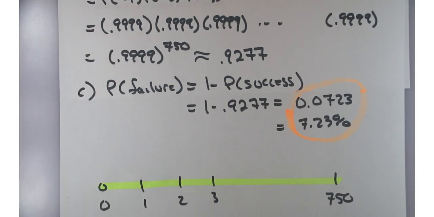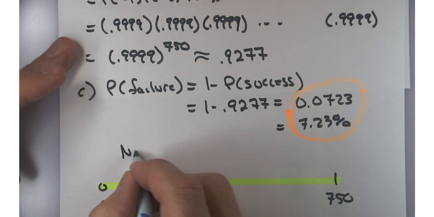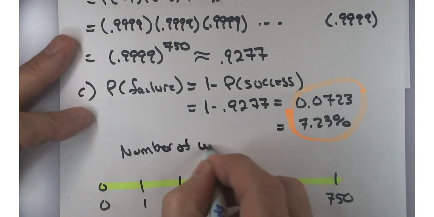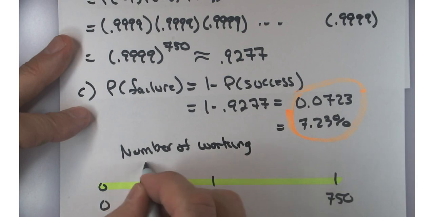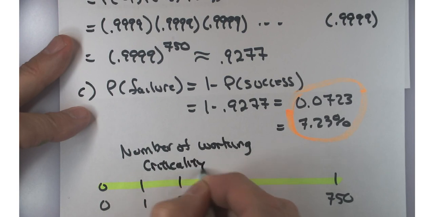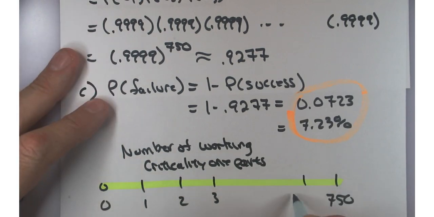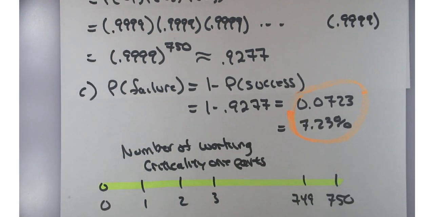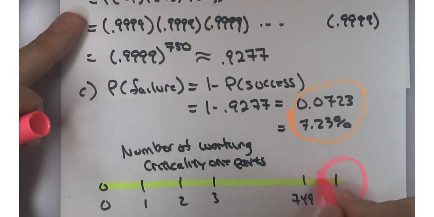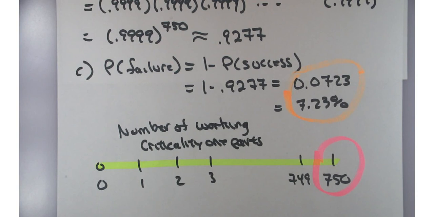Let's let these be the number of working criticality 1 parts. So if you have a mission failure, well, let's see. Let's do it the other way. A successful mission means this right here. That's the only way you're going to have a successful mission, is if all 750 parts work.